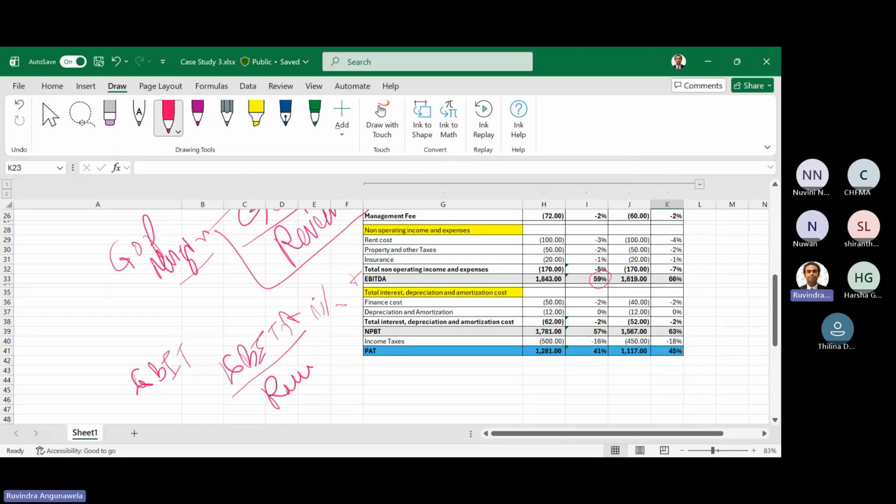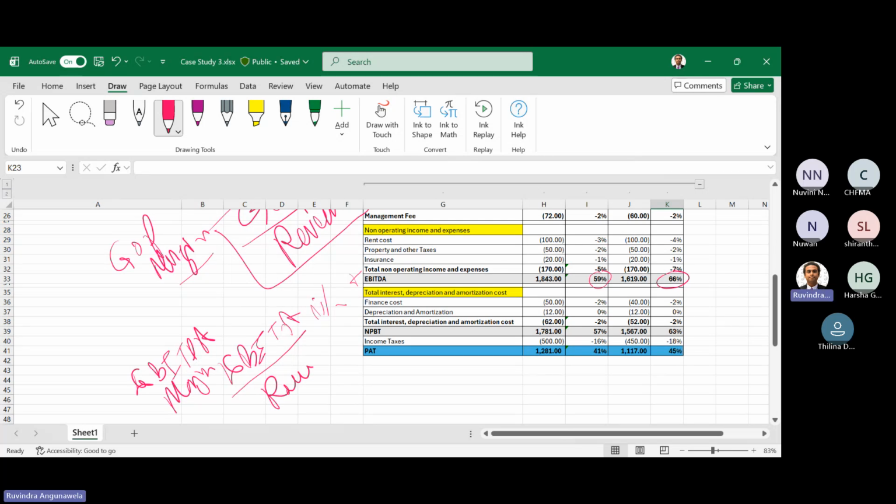So what you have calculated here is the EBITDA margin. Okay. EBITDA margin 59%. In 23-24, the EBITDA margin was 66%. So it has decreased, no? Right. Then we have the total interest, depreciation, and amortization cost, which is finance cost, and then the depreciation and amortization cost is given.